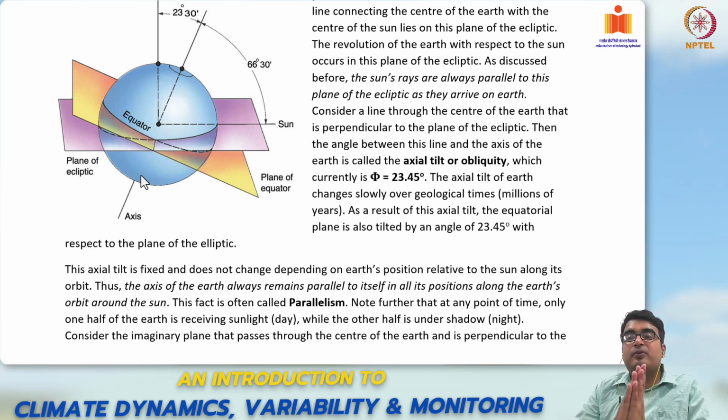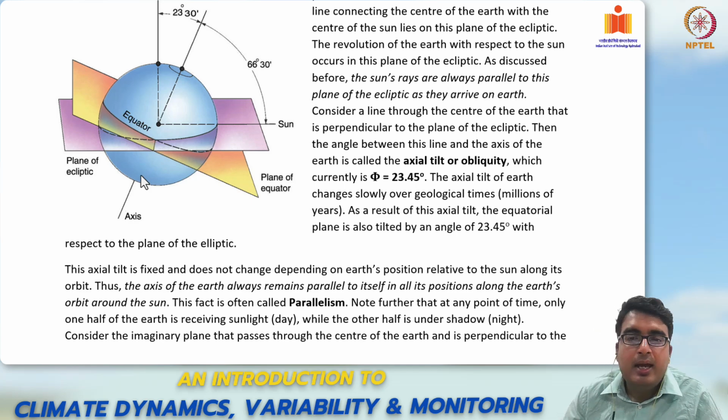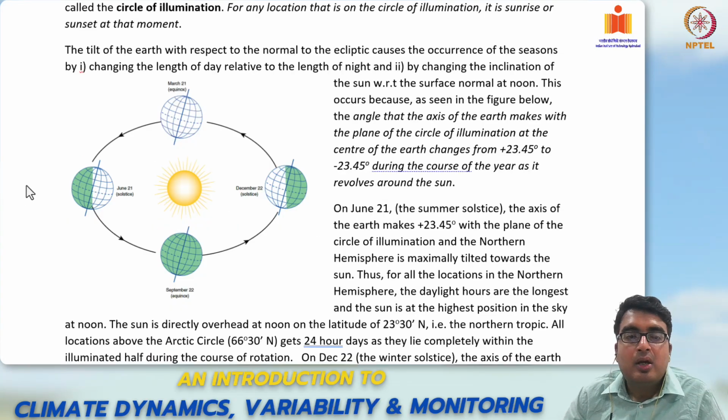As the earth revolves around the sun, this axis of the earth always remains parallel to itself, and this fact is called parallelism. As a result, the effective angle between the circle of illumination and this axis of the earth is changing.